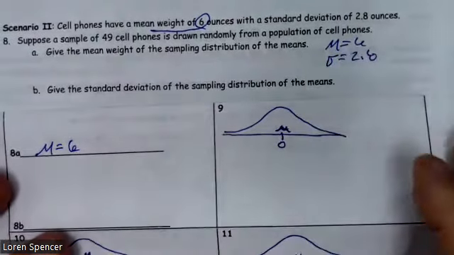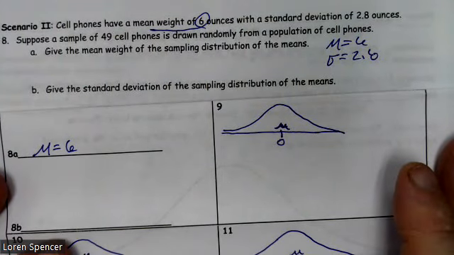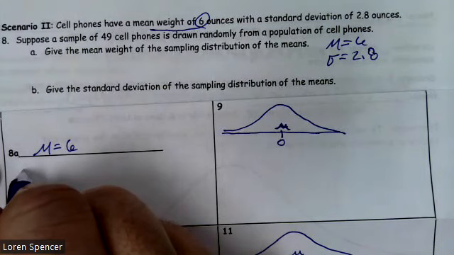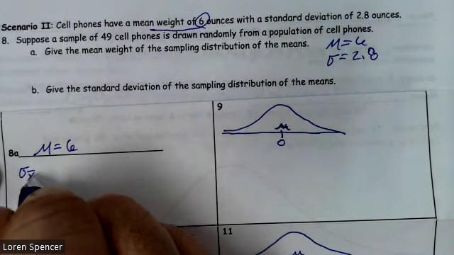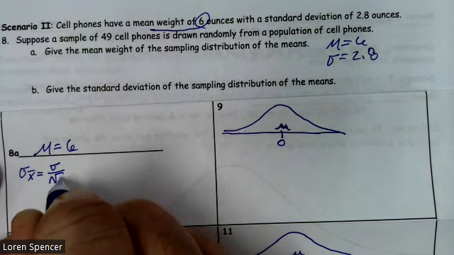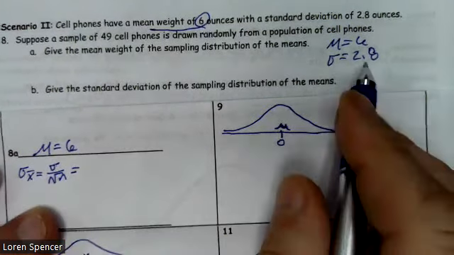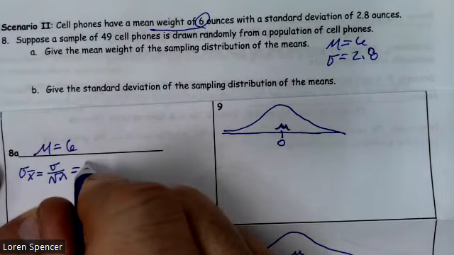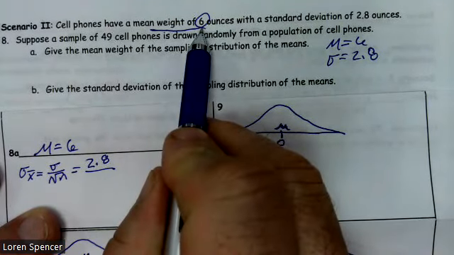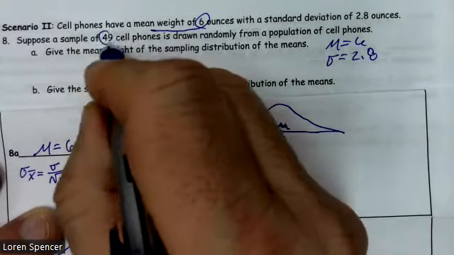The next one, give the standard deviation of the sampling distribution of the means. Well, the standard deviation of the means is the standard deviation of x bar, which is the standard deviation divided by the square root of n, which in this case would be 2.8 divided by our sample size.